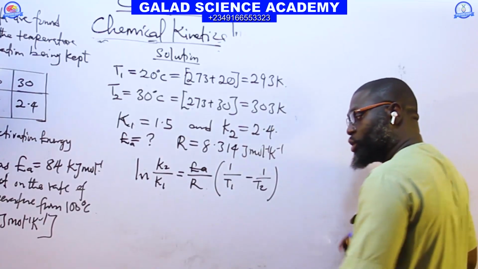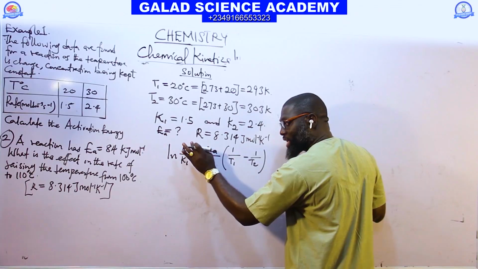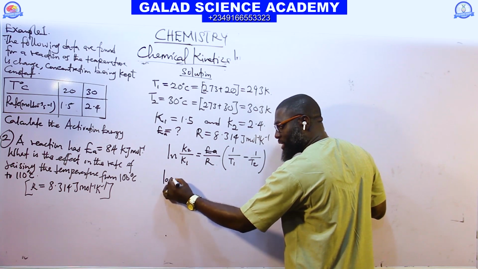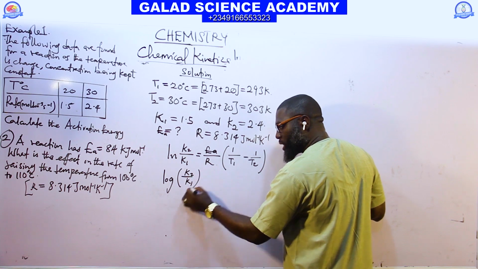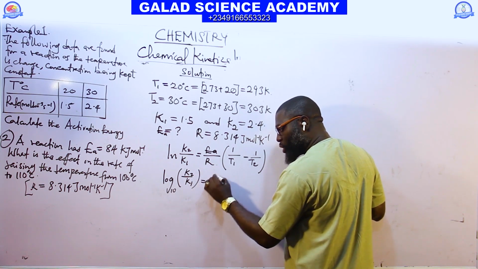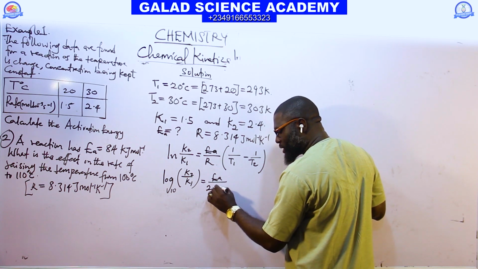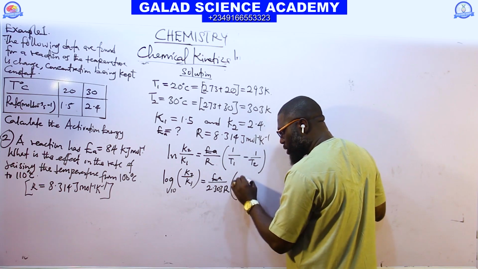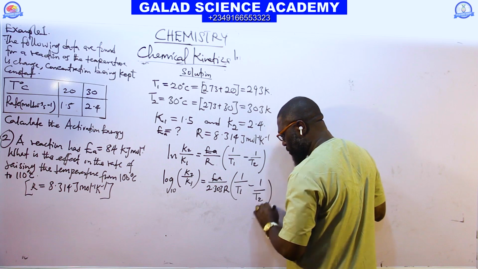This expression is log base e. But to be in log base 10, log of k2 over k1 in base 10 is equal to Ea over 2.303 R times 1 over T1 minus 1 over T2.